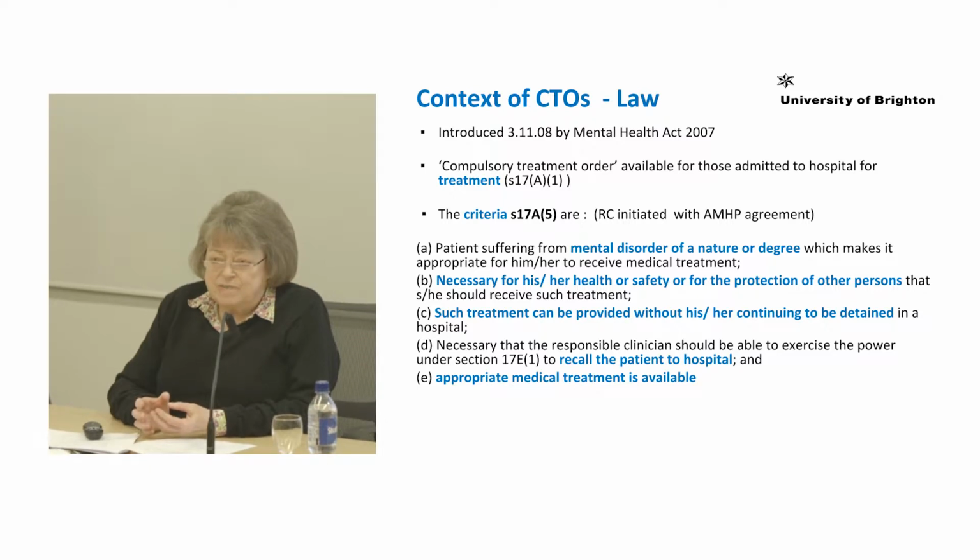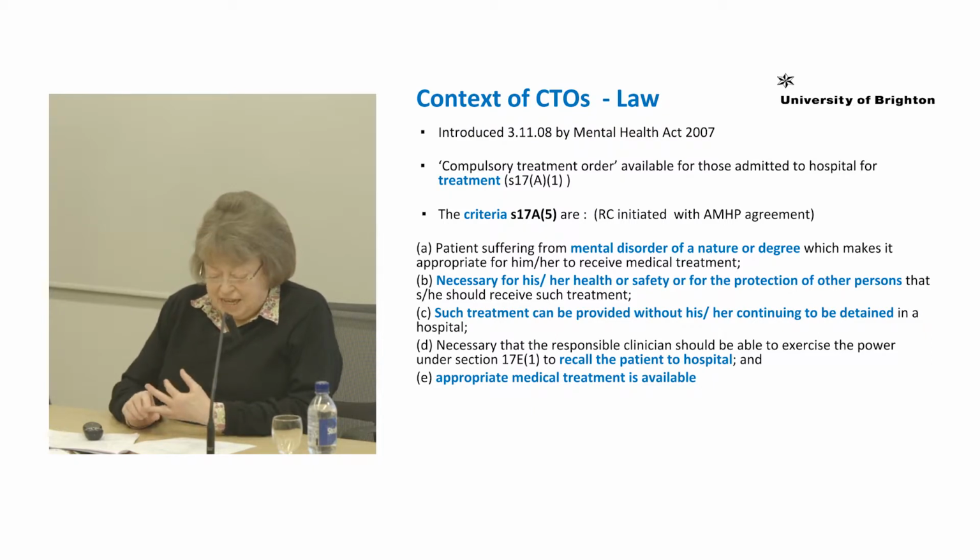So community treatment orders are really part of that strategy, and they're all about ensuring medical treatment. So the person has to have a mental disorder, they have to have been admitted for treatment, it needs to be necessary for the person's health or for the protection of other persons, and that treatment can be provided in the community without the person being detained.